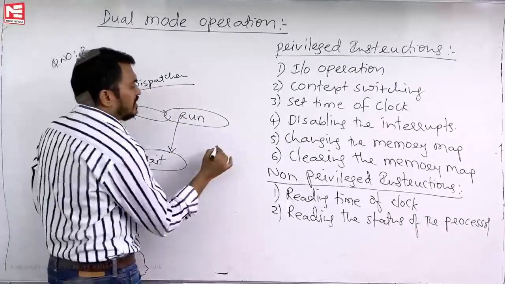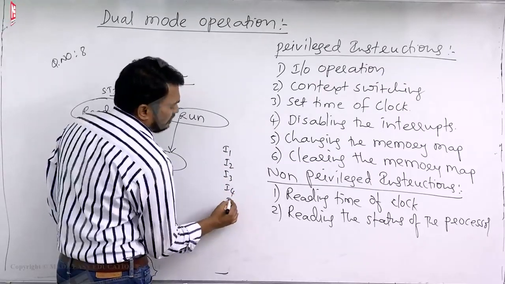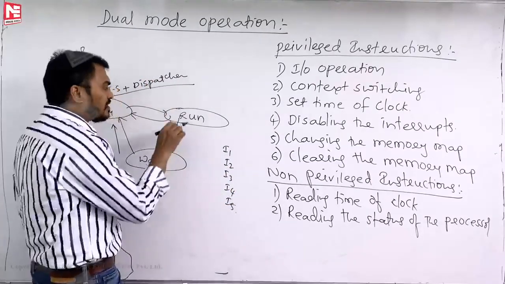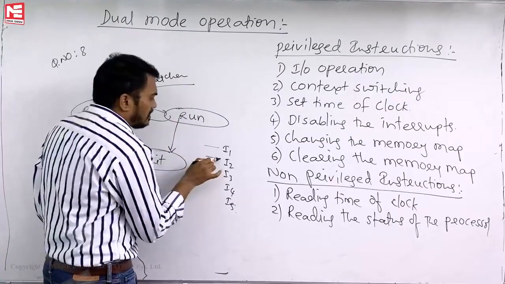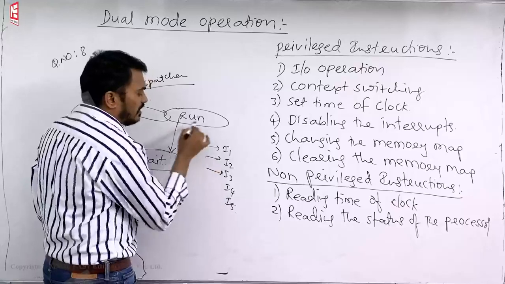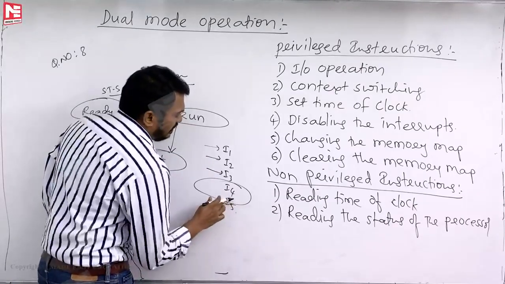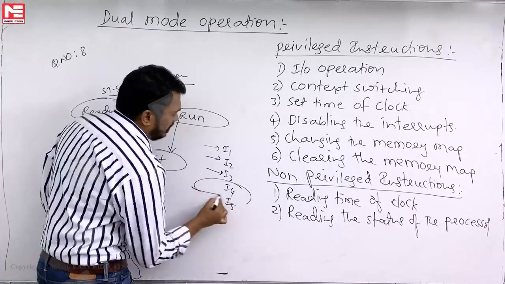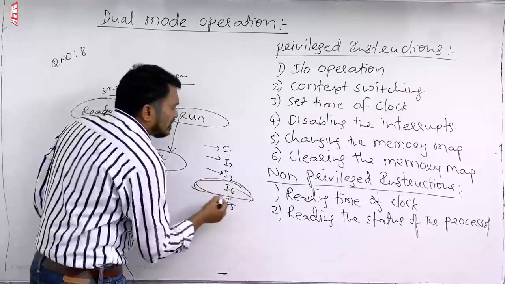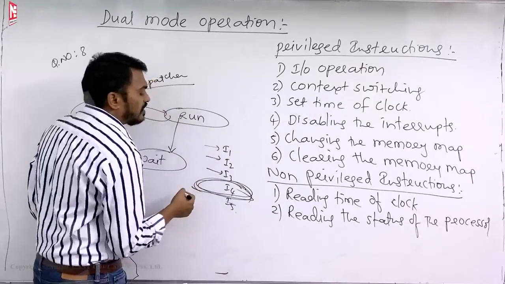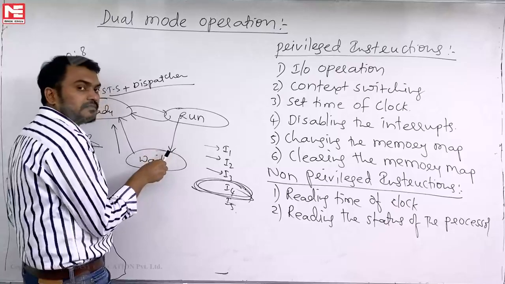Running state to block state is initiated by the user program only. Why? Let's say you have instructions I1, I2, I3, I4, I5. The CPU executes each CPU instruction in turn. Now when it tries to execute an IO instruction, assume it requires IO operation, for example a scanf statement, then the process will move from running state to wait state.